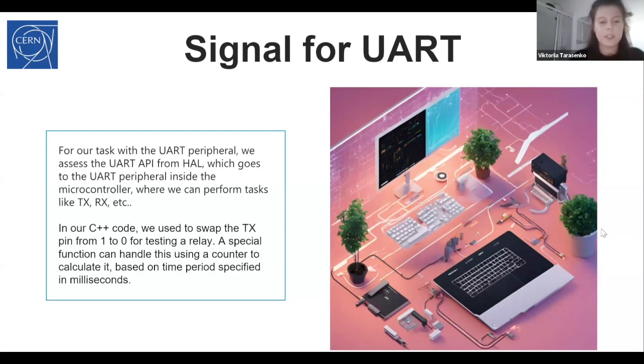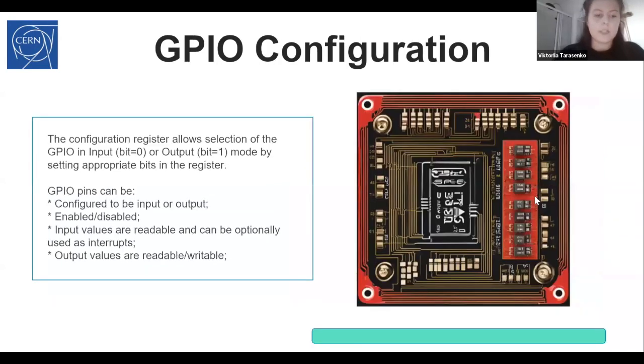Also, a special function can handle this using a counter to calculate it based on a time period specified in milliseconds. Also, the configuration registers allow selection of the GPIO in input (bit equal to 0) or output (bit equal to 1) mode by setting appropriate bits in the register.